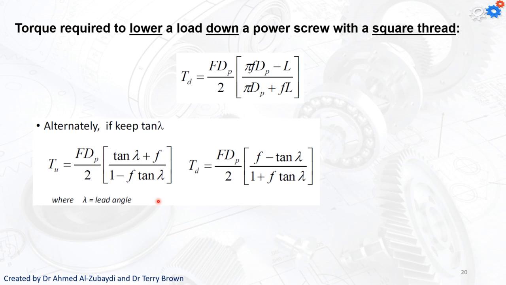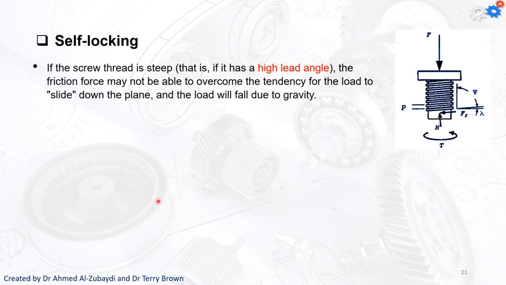So the load force is going to try to lock it, and that's what we call self-locking. If the screw thread is steep, and this means it's going to have a high lead angle lambda, the friction force may not be able to overcome the tendency for the load to slide down the plane. The load will fall due to gravity.